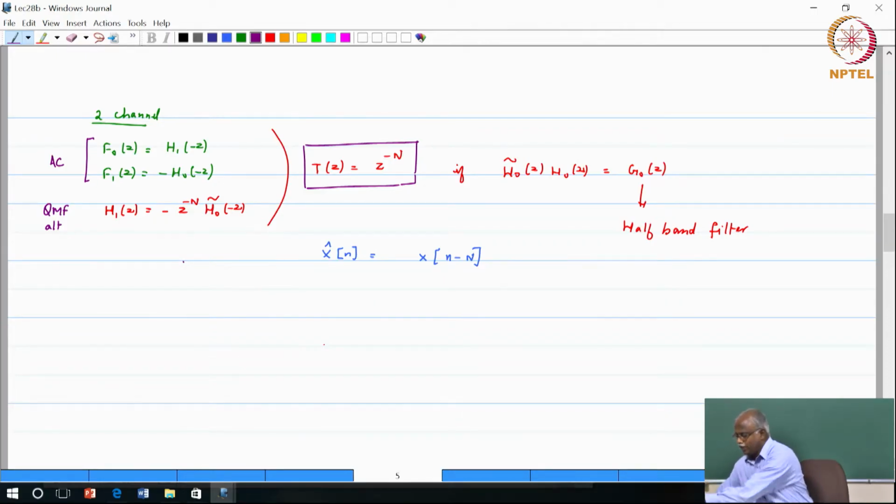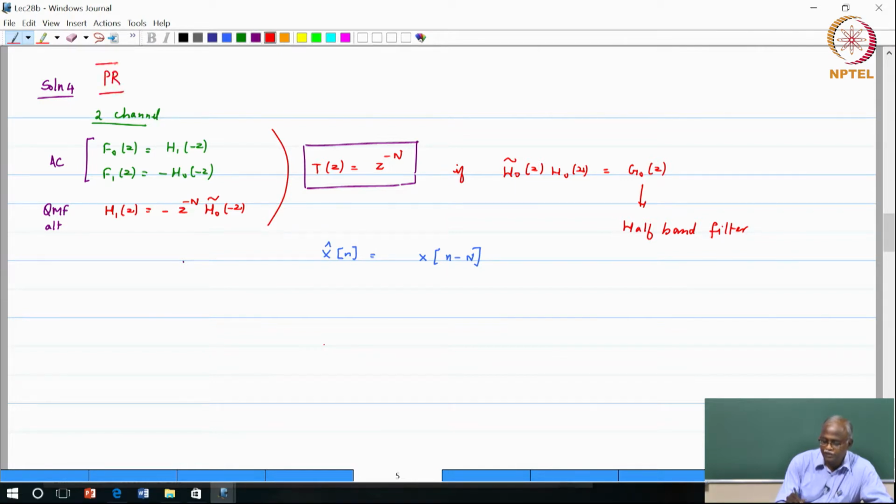Okay, so this is the one that actually gives us the perfect reconstruction, and therefore exactly what we are looking for. Okay, so this is solution 4, or more importantly the one that gives us perfect reconstruction, probably the most important of the 4 options.